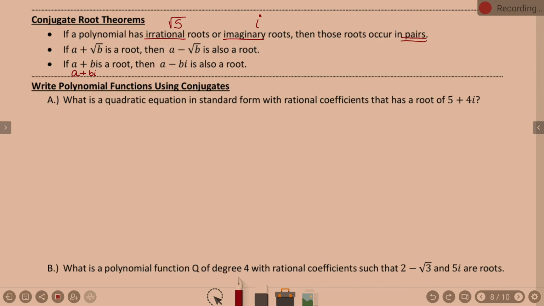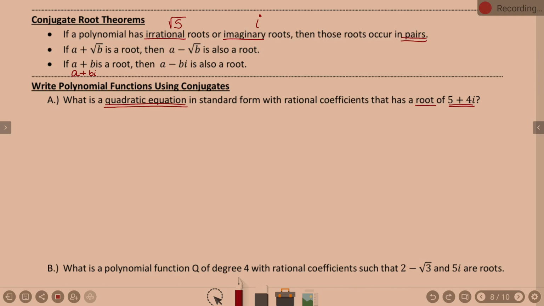Okay, let's look at example A. What is a quadratic equation in standard form with rational coefficients that has a root of 5 plus 4i? So they're giving me one root of 5 plus 4i, and they want me to write a quadratic equation.